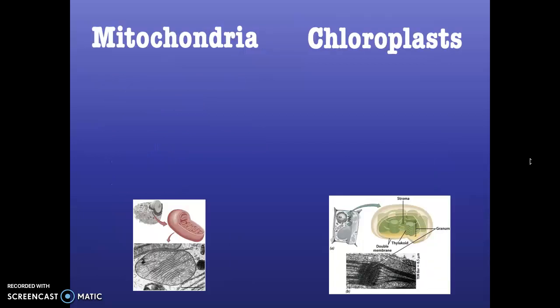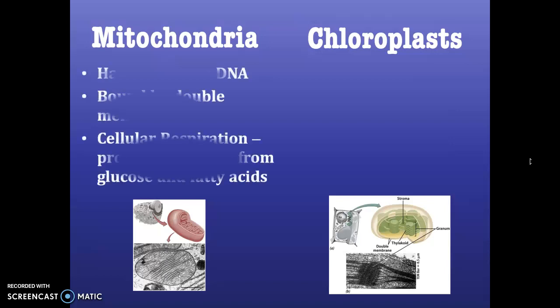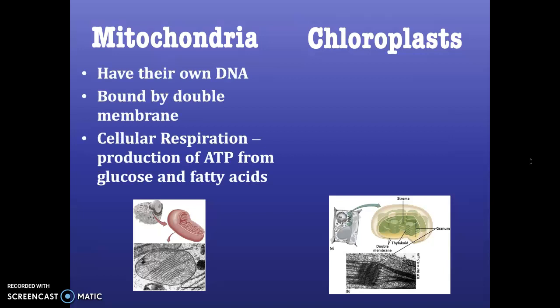As we move on, we have two more very, very important organelles. The first of those being the mitochondria. We've talked several times about cellular respiration. We'll talk in much more detail about that. This is where glucose is taken, and with the help of some oxygen, we are able to make our primary energy molecule, ATP.